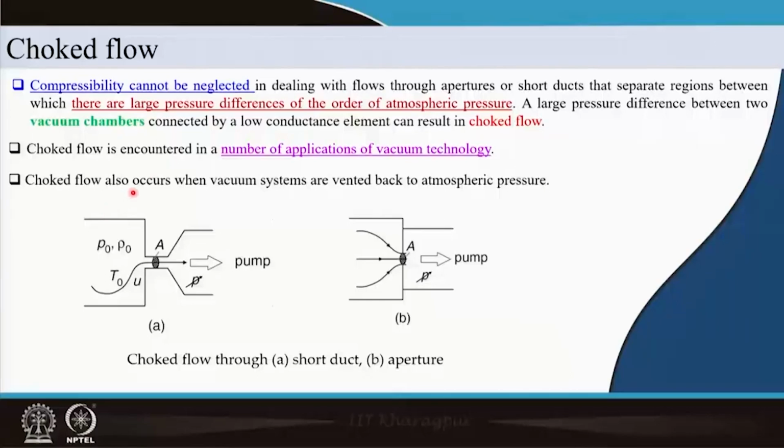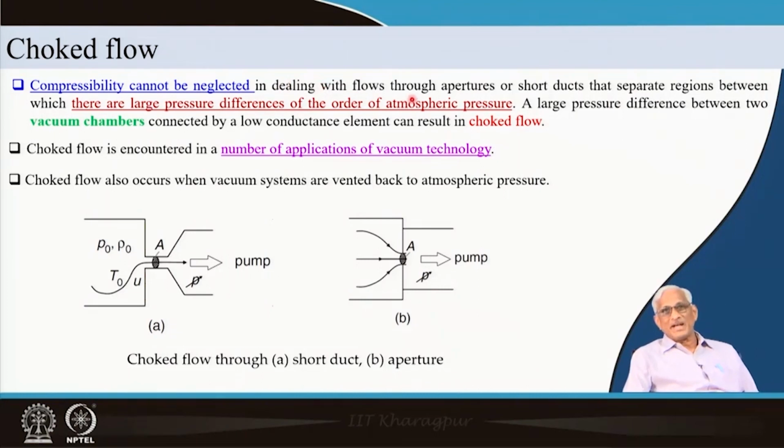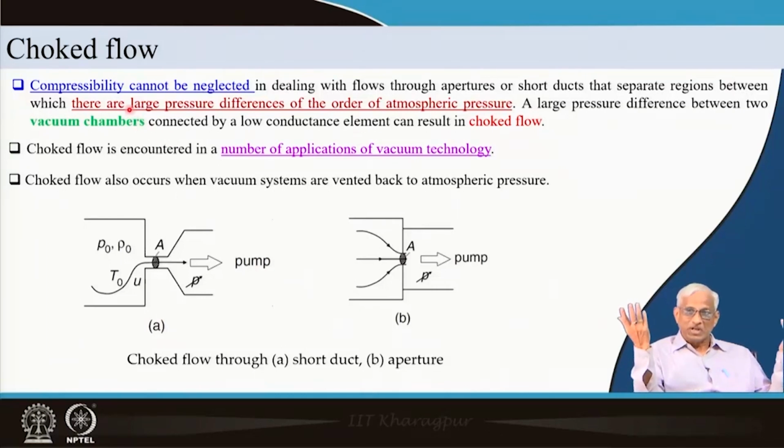So, when delta P is huge, you will enter into a limit where compressibilities start coming into the picture. So, compressibilities cannot be neglected with flows through apertures or short ducts that separate two chambers working at two pressures, where the pressure values are quite different. That means a huge pressure difference may be there.